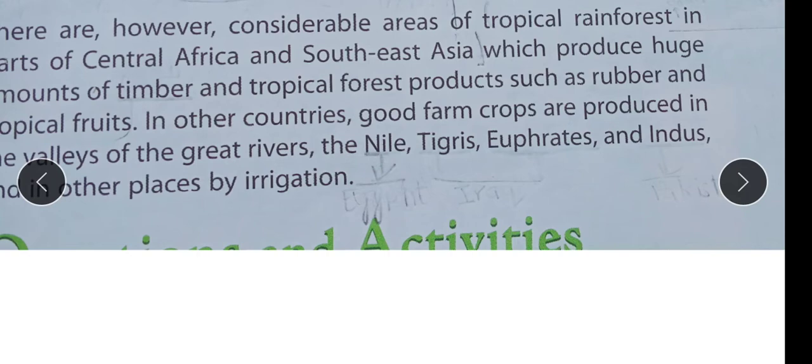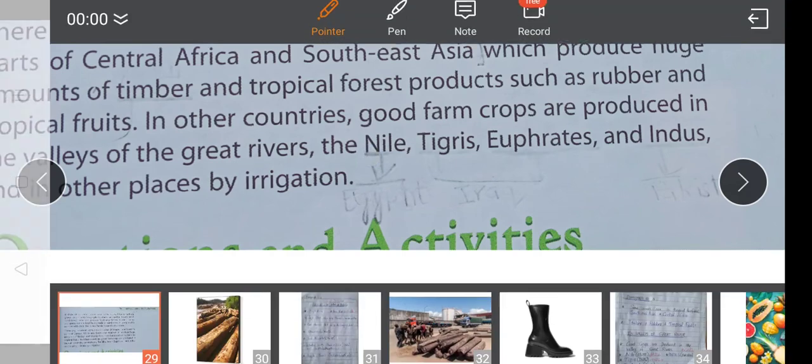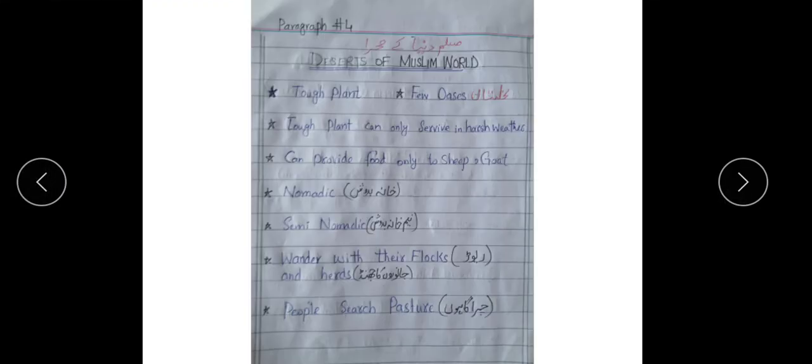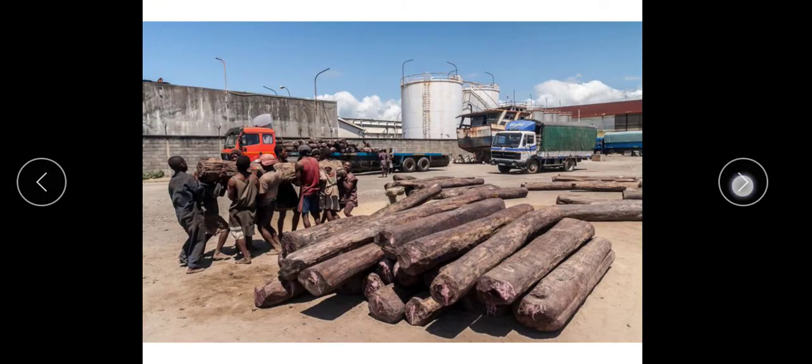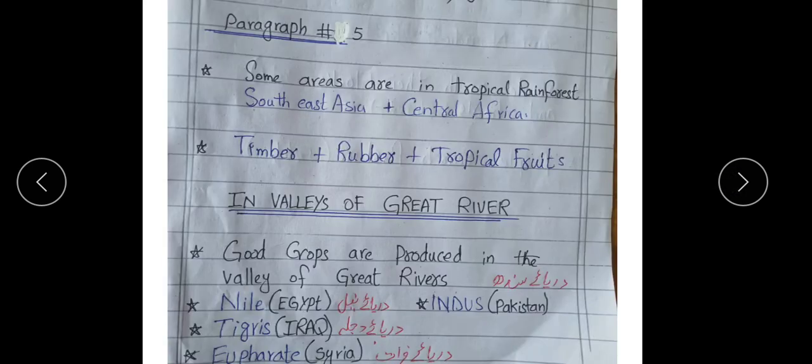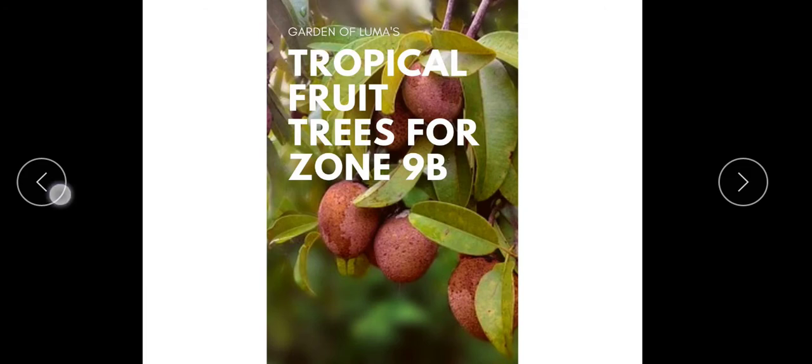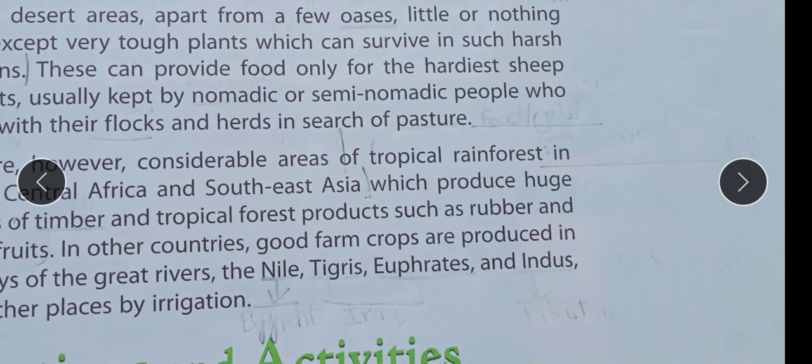इनका कहने का मतलब ये है कि मुस्लिम वर्ल्ड के अंदर बड़े बड़े दरियाओं के किनारों के ऊपर रहने वाली कौमें बेहतरीन से बेहतरीन फसलें उगाती हैं. और वो दरिया कौन से हैं बॉयज़? नाइल, जिसे हम उर्दू में दरिया नील कहते हैं, एट इजिप्ट; टिग्रिस, दरिया दजला को बोला जाता है जो कि इराक़ में है; फरात and Indus.